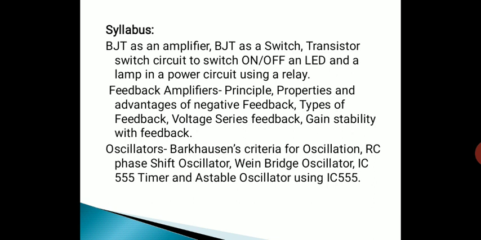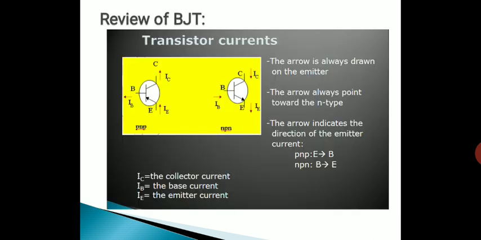So before we discuss the applications of BJT, I will briefly explain what exactly a bipolar junction transistor is, what its types are, what the different currents and voltages are, what the configurations are and what the characteristics are. In brief, I will explain that first, and then we'll discuss the BJT amplifier. So, a quick review or recap of BJT.